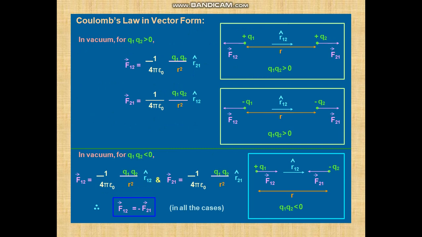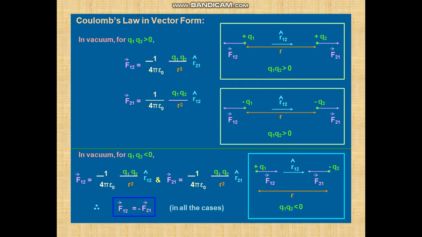It is possible only when both the charges Q1 and Q2 are negative, or both are positive. Because when positives multiply, the product is positive, and when negatives multiply, the product is also positive.